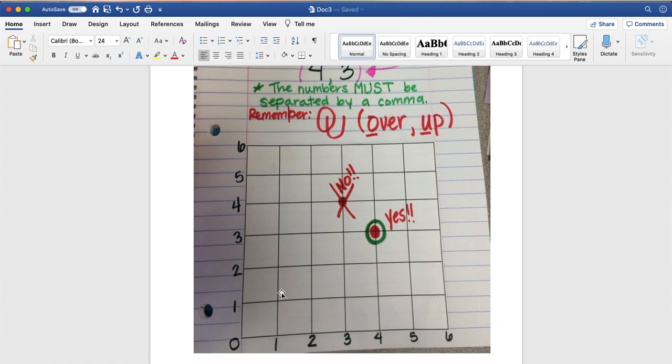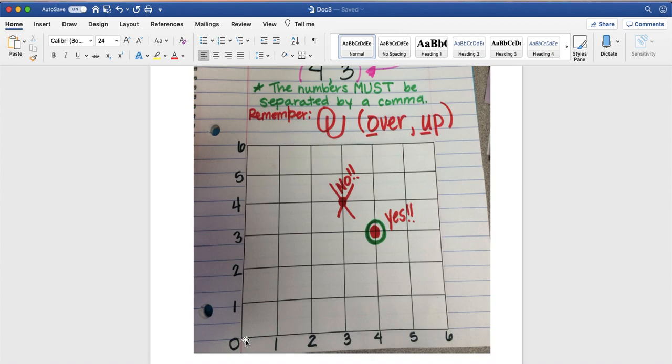You always start off at your origin. Remember, the origin's always going to be 0, 0. It's always going to be 0, 0. Remember, y-axis goes up and down. X-axis goes side to side. They always meet at the origin, and that's your home base. You find all the directions starting from your home base.